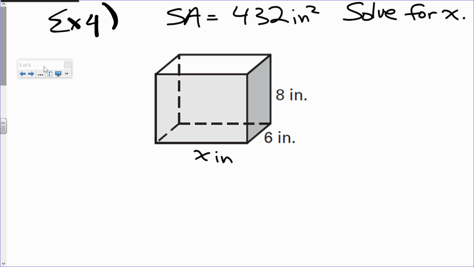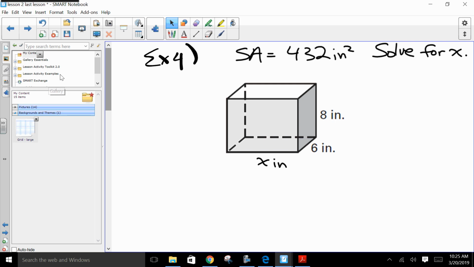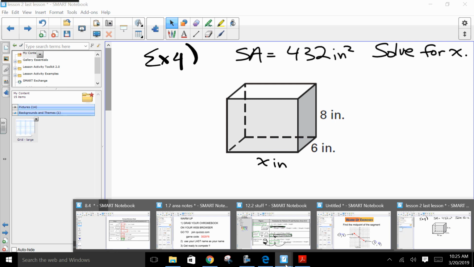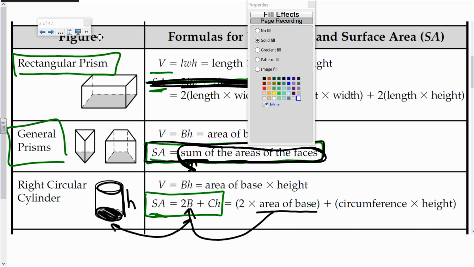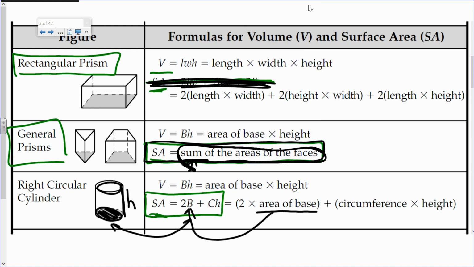Surface area, right? If I think of the surface area formula, the surface area is the sum of the areas of the faces. That's from our reference sheet right here. We just used this on example 3.